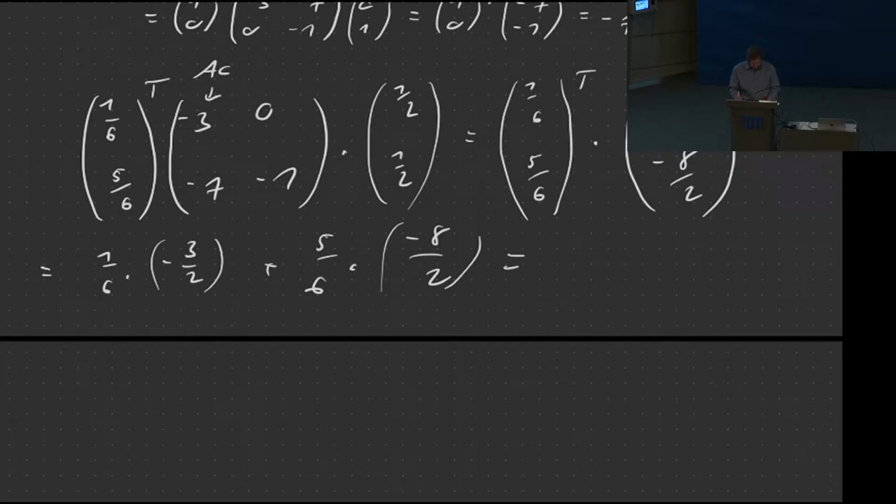Right, so let's see, what do we get? Minus 1/4. And, well, what is this? This is minus 4, minus 2, so this is minus 10/3, is that right? Hopefully. I'll let you complete the computations yourself.